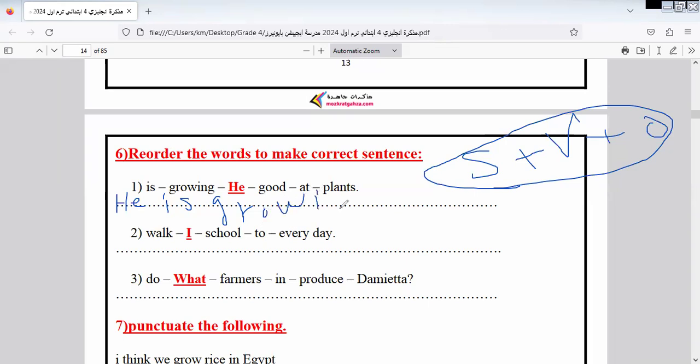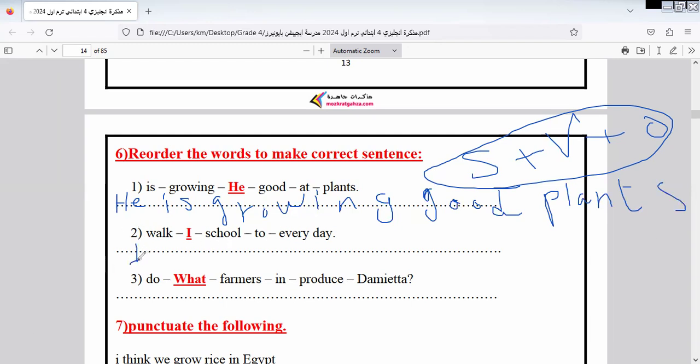He is growing good plants. There is no "at" here, it is extra. Okay. He is growing good plants. The answer will be: He is growing good plants. Okay. I had a mistake here. So the answer will be: He is growing good plants.